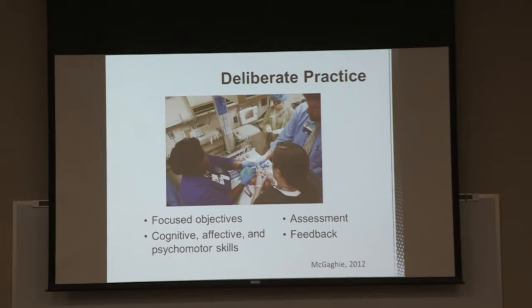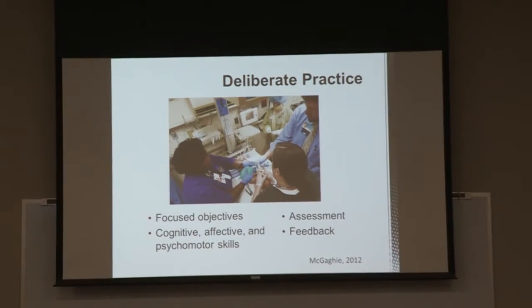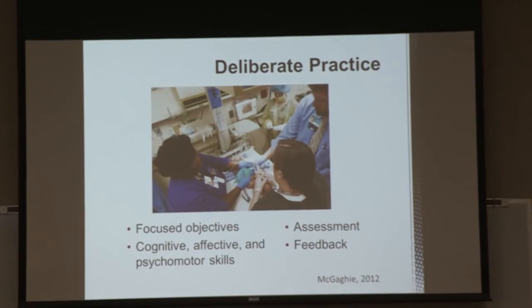This is really, I think, the bottom line on why simulation works. It's deliberate practice. In simulation, the faculty have the ability to have very focused objectives. And this is really important. We know from research that learning occurs nicely when we have objectives that are not only in the cognitive realm, but in the affective realm and the psychomotor realm.